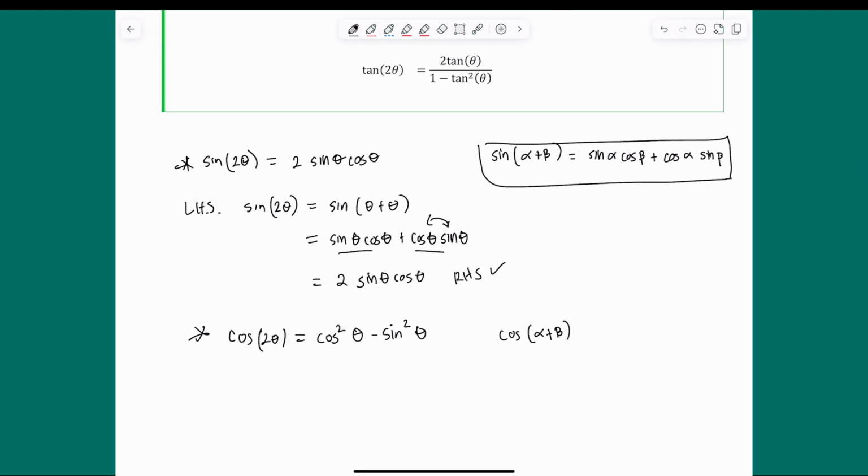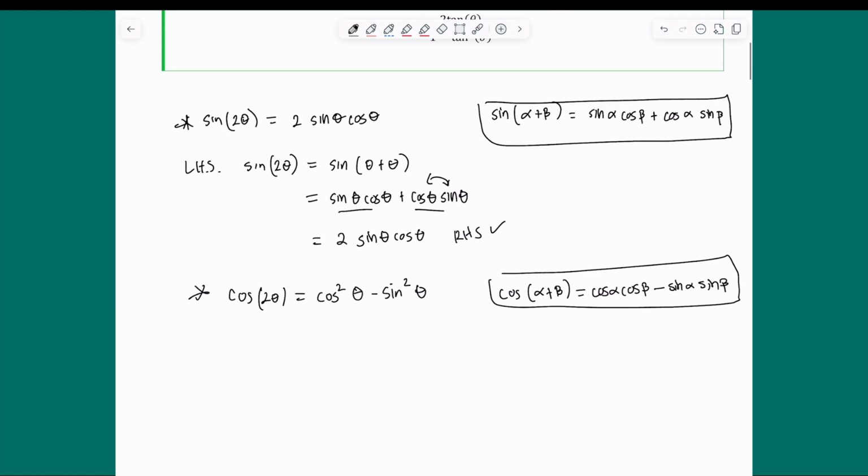Cosine of alpha plus beta is going to be cosine alpha cosine beta minus sine of alpha sine of beta. That's the sum of 2 angles formula for cosine. Using that identity, we could show that cosine of 2 theta is equal to cosine squared theta minus sine squared theta. We'll start with the left hand side.